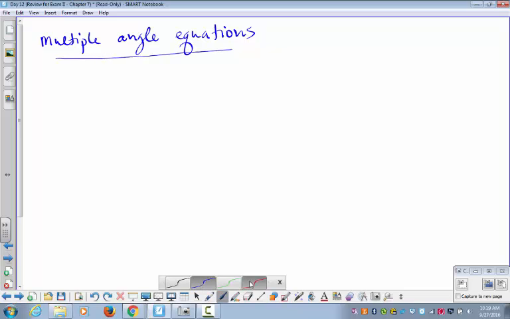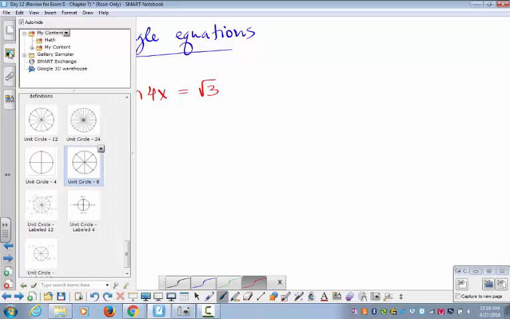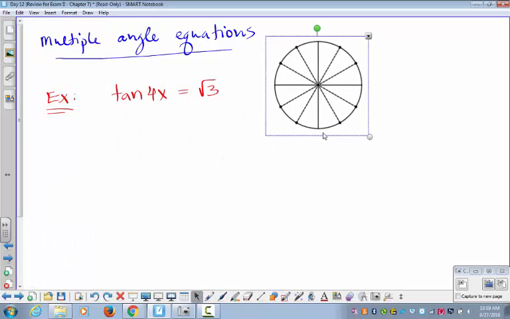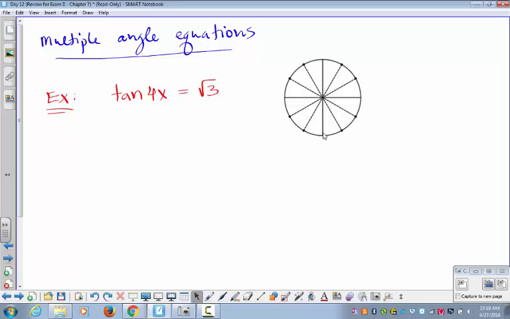So let's look at a couple of these. So if I have tangent of 4x equals root 3. So let's solve that. So the first thing that we're going to do is identify the circle that's going to be the best way to look at our answers.